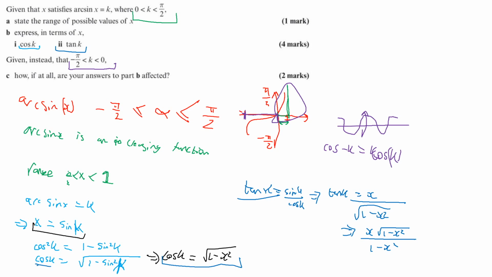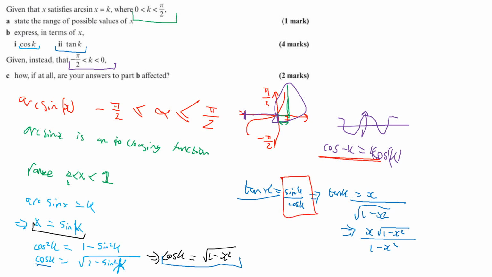What about tan? Well, tan again, if we look at the graphs, tan will look something like this. Well, if you remember correctly, tan equals sine over cos.